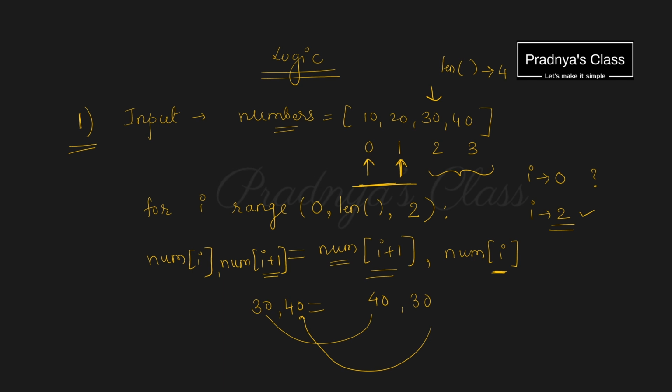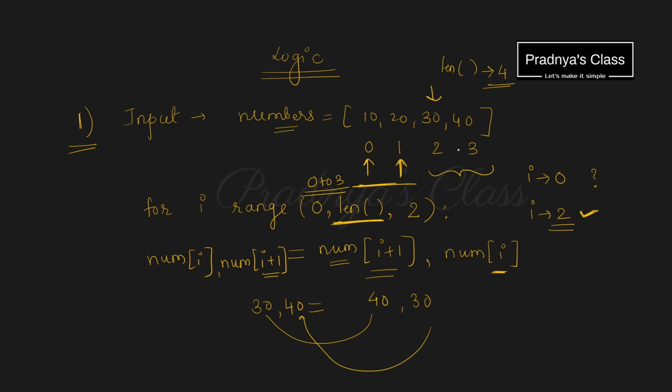Now there is one more thing we need to take care of, that is the end limit of the range function. Look at the length of the list, it is 4. We have written here that end limit should be 4. But is it so? We are going only up to 2. If we write here length, it means the loop will execute from 0 to 3 because the end limit is exclusive.